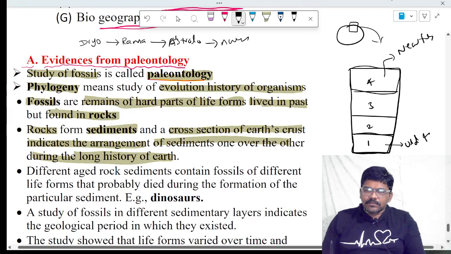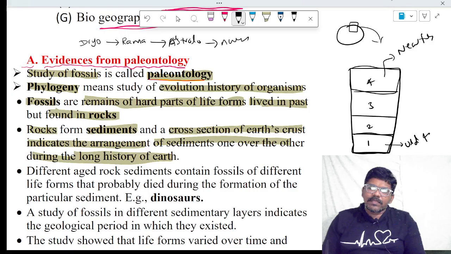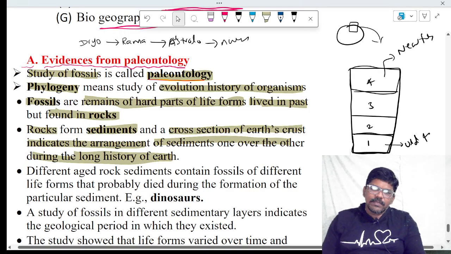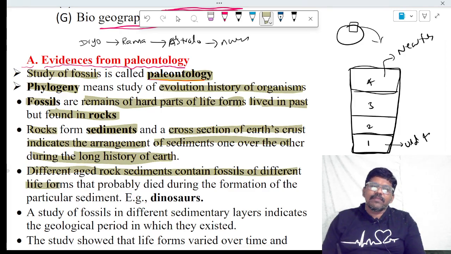Next, the first sediment is formed at the starting of the primitive earth, later we can see the formation of the second sediment, and one by one we can see the formation of sediments. Here, different aged rock sediments contain fossils of different life forms that probably died during formation of that particular sediment.